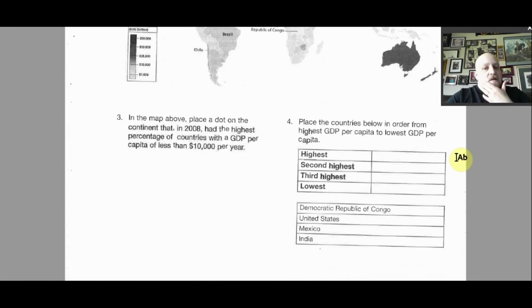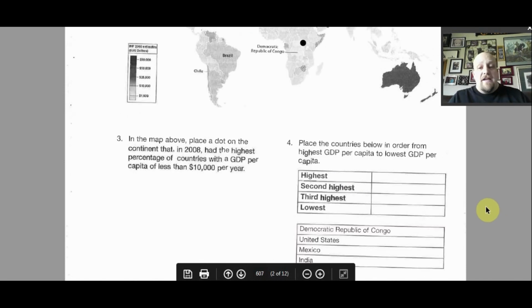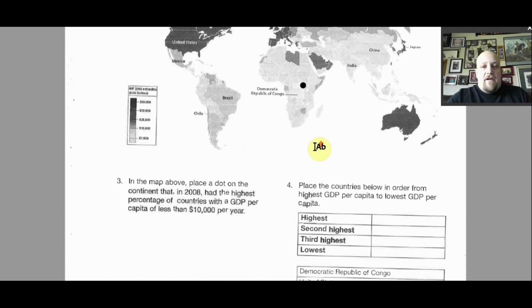So the next one, they're going to ask you to do some ordering. They want you to place the countries below, not all of the countries up here, just the ones they have here, in order from highest GDP, so darkest, to lowest GDP, lightest. So we're going to look at this.